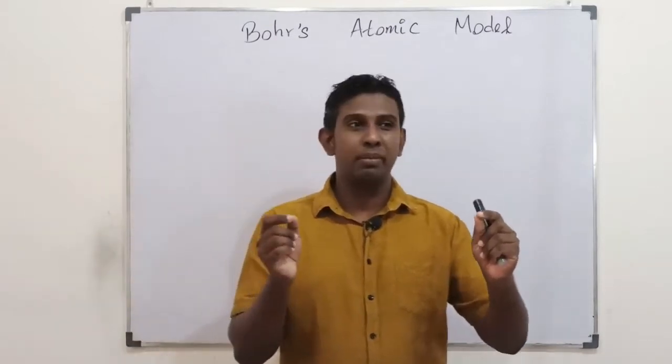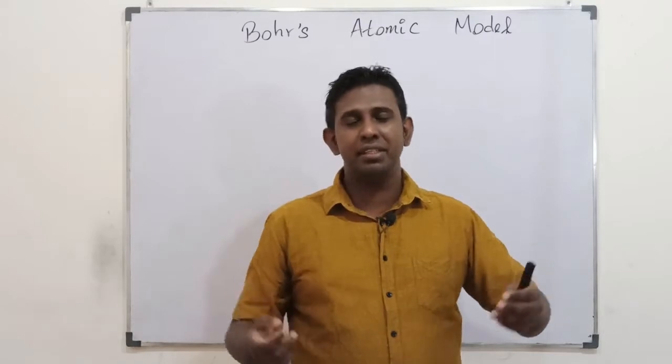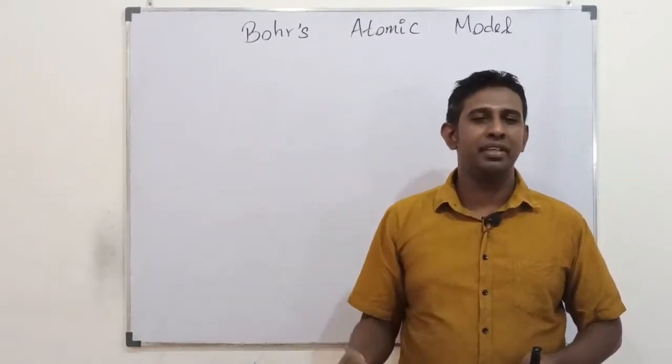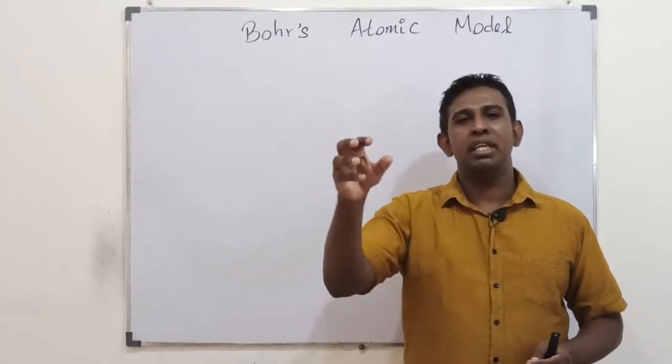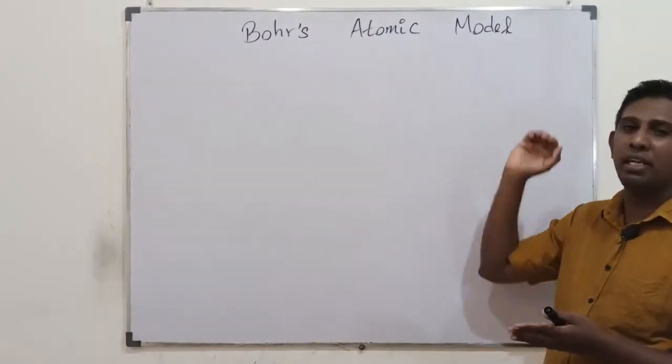Further, when successive ionization energies were studied, patterns like large increments in successive ionization energies could not be explained using this planetary model either. Anyway, we are going to talk about the emission and absorption spectra, the atomic spectrum of hydrogen, as well as the successive ionization energy patterns, in more detail in our future lessons with Bohr's atomic model.